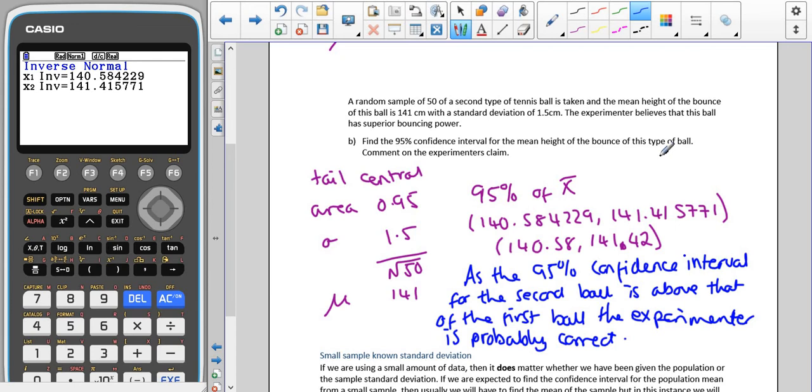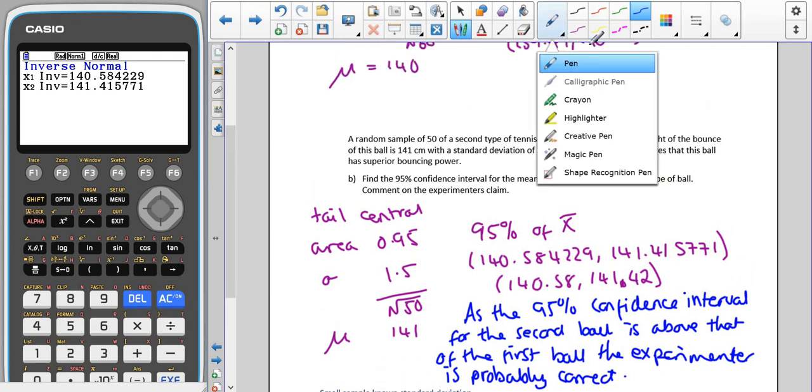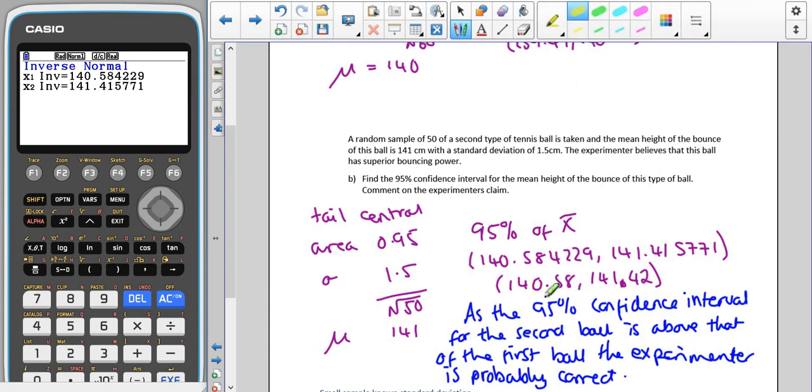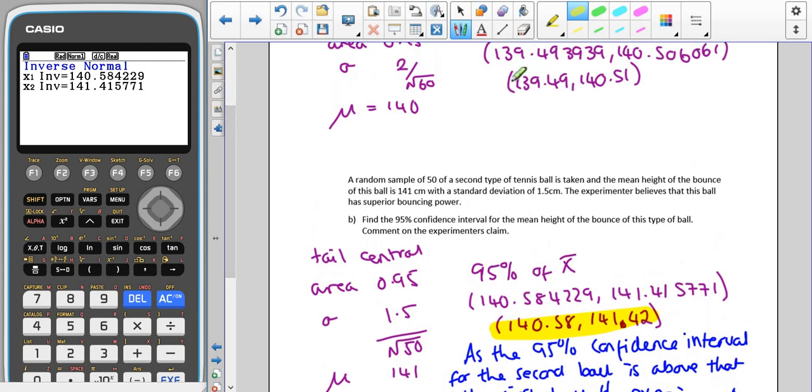Now, if we compare this confidence interval that we've just drawn here with the confidence interval from the previous ball, which is this one here, we can see that the highest bound of the first ball is below the lower bound of the second ball, which means that the experimenter is probably correct that the second ball has a higher bounce than the first ball.